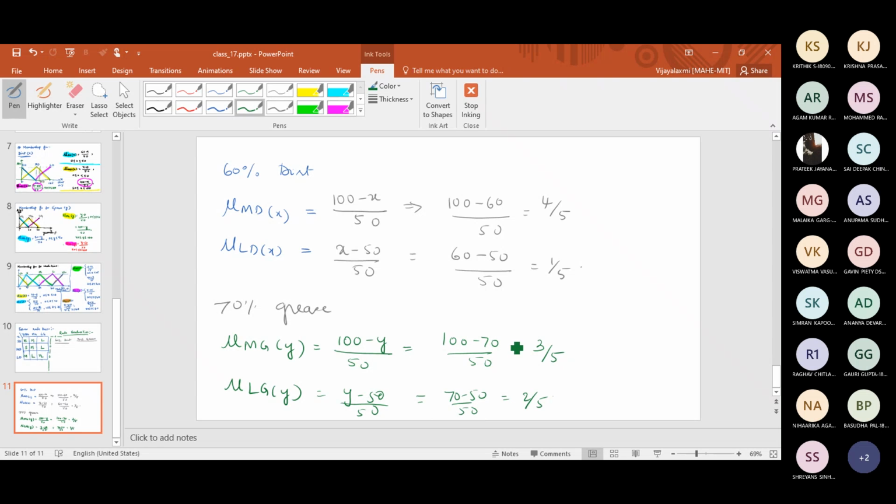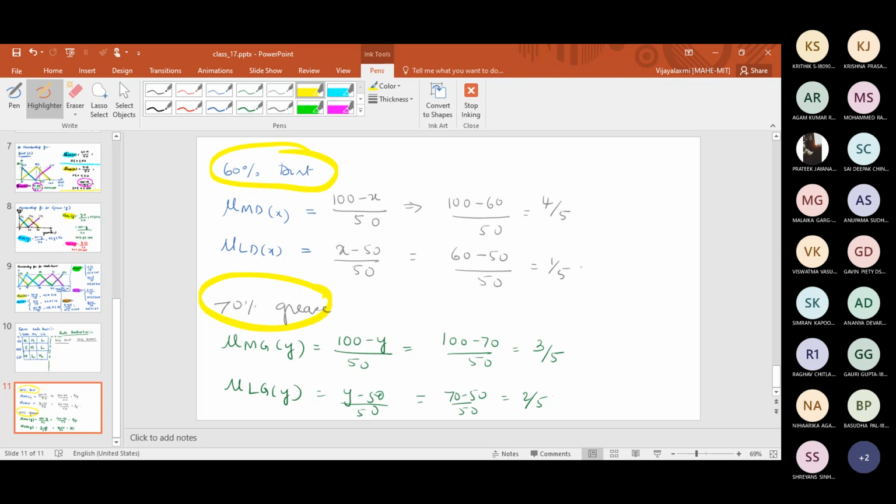Okay. So now, corresponding to 60% dirt and 70% grease, I have got 4 values: 4 by 5, 1 by 5, 3 by 5, 2 by 5. See here, this is medium dirt, large dirt. This is medium grease, large grease. Now I have the 4 cases.